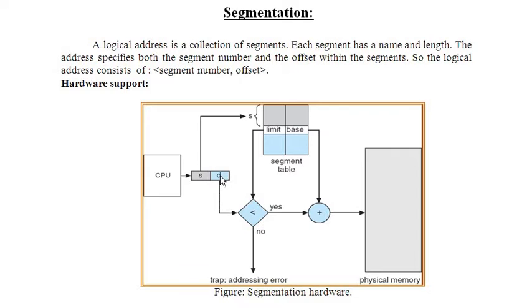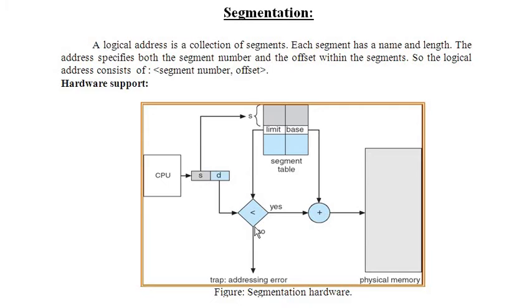Now here the offset value should always be less than the limit, not even equal to. For example, if the limit value is 100, the offset should be 0 to 99, not even 100. It can't be 100. If it is less than the limit value, then it goes and we get a physical memory address.